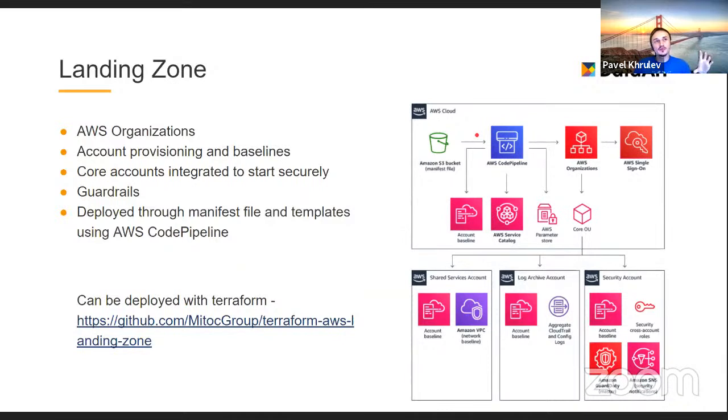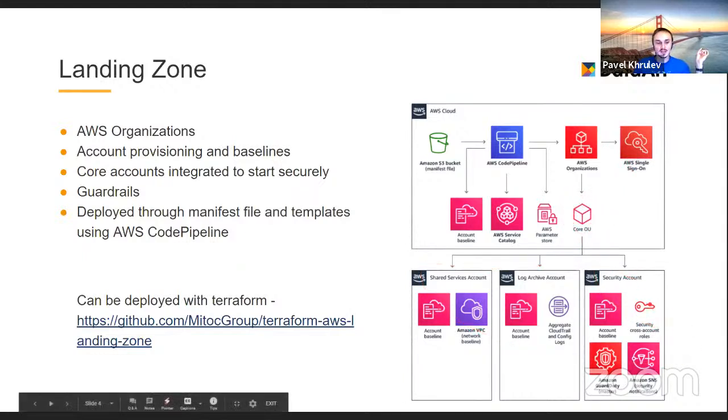It is a set of templates and a manifest file that is deployed using AWS CodePipeline. It deploys AWS Service Catalog products, including the account vending machine. It deploys all baselines for all accounts. It creates AWS Organizations, enables the AWS SSO service, and creates the core organizational unit with all basic accounts.